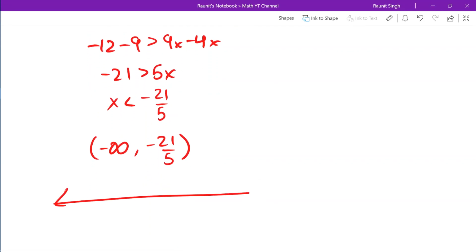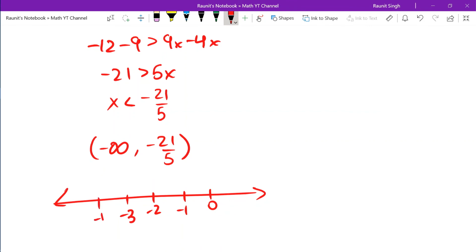Now I know that we are in the negatives, so I'm going to put the 0 closer to the right. Negative 21 over 5, I know, is more than negative 4, because 5 times 4 is 20, so 5 times 4 point something. It's definitely closer to negative 4.